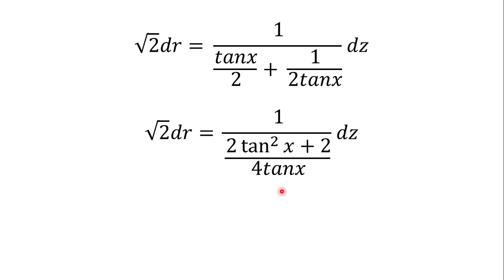It's like when you are having 1 over a over c, and you want to simplify it, it's just going to be 1 over a times c over 1, and it will give us what? C over a.